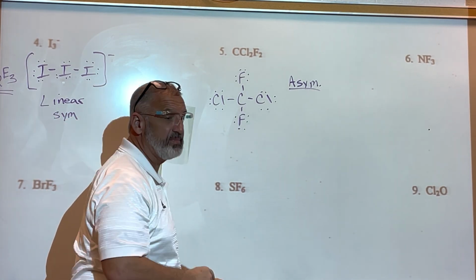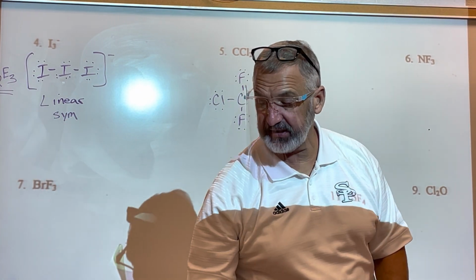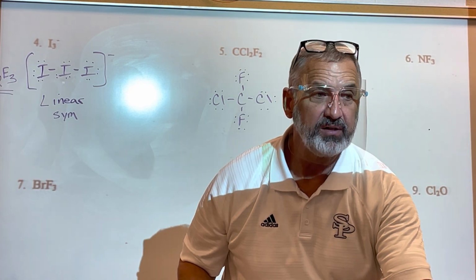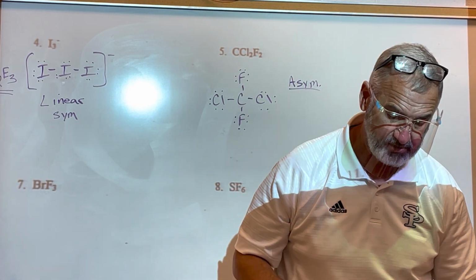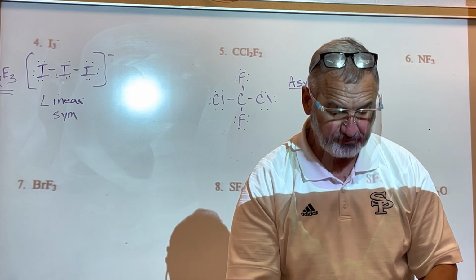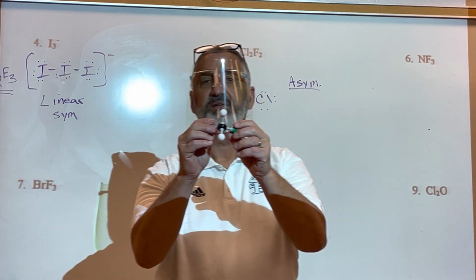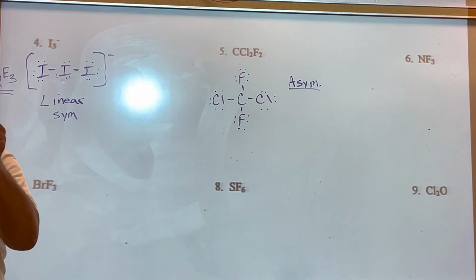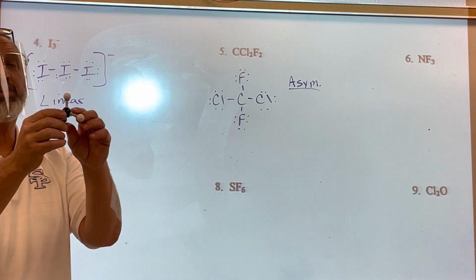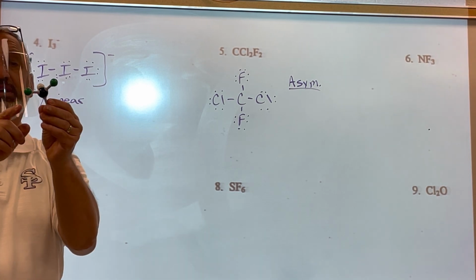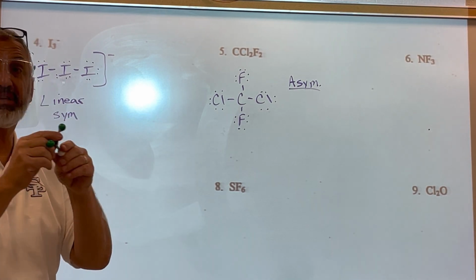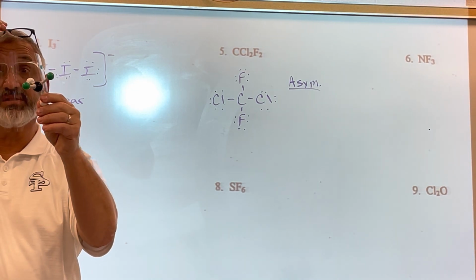It looks symmetrical, but you always have to realize that those molecules look like this. So even though it looks like they're right across from one another, this is 2 dimensions, but the molecule is actually 3 dimensions.